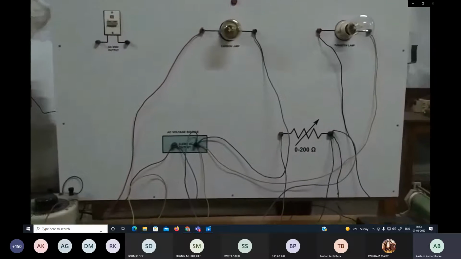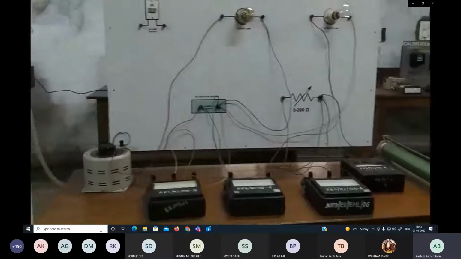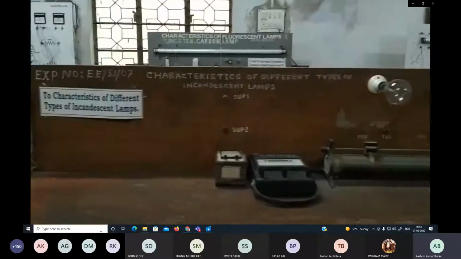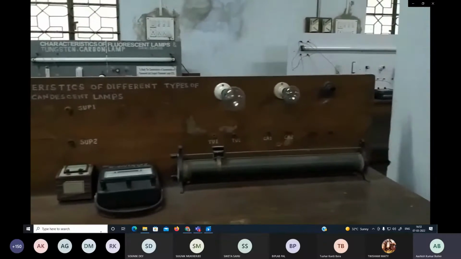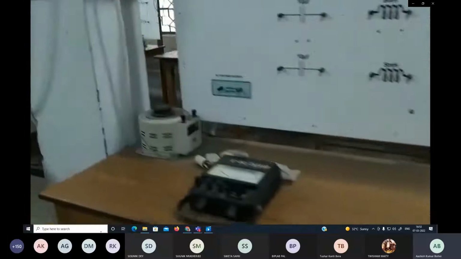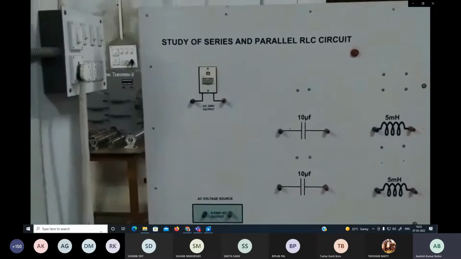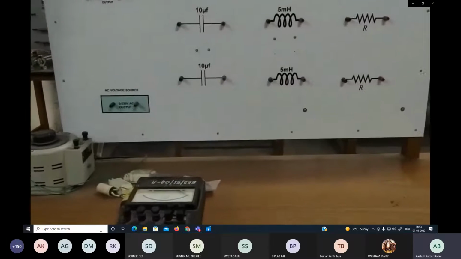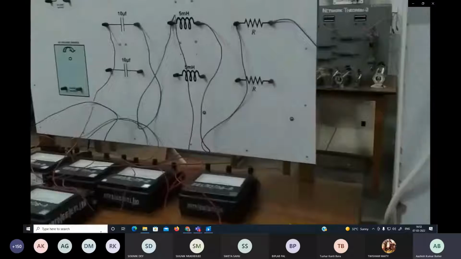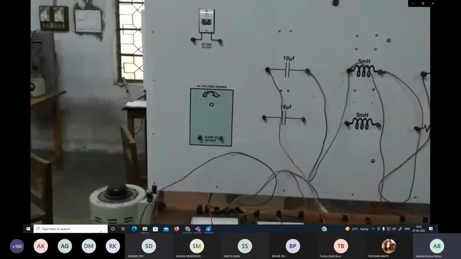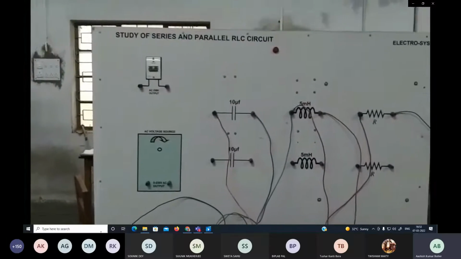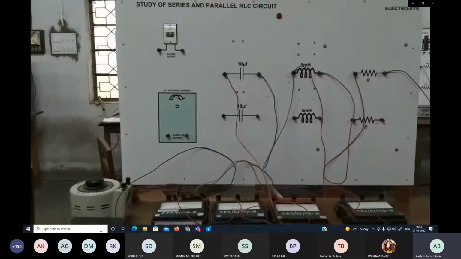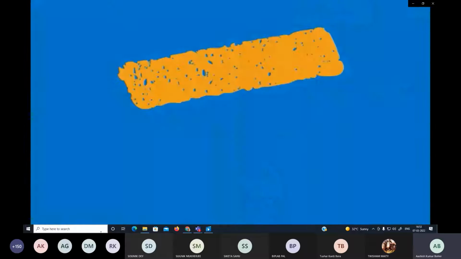This is the experimental table for that, and this is another setup for that, where different incandescent lamps are connected. This is a study of series and parallel RLC circuit. This is the experimental setup for that, and another setup for the same experiment, the study of series and parallel RLC circuit. So this is the overview. Okay, thank you.